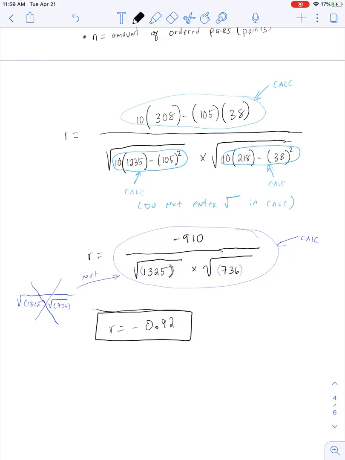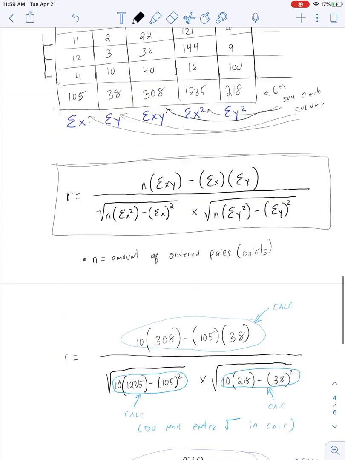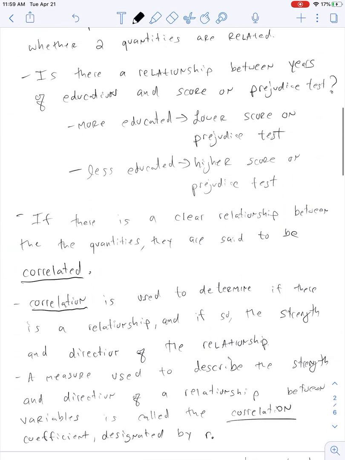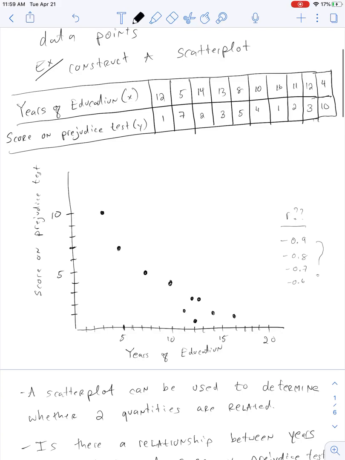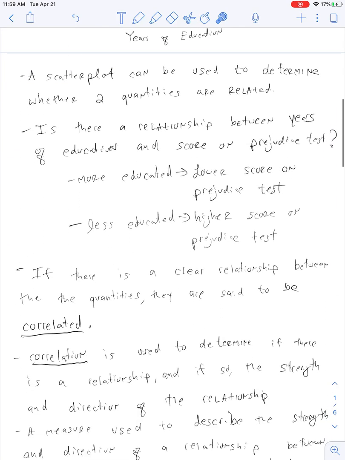All right, so these are the steps in order to find the correlation coefficient. And remember, what we are doing is working with this example, right? And the question that I had brought up is, what is our correlation coefficient? We knew it was negative because it was going downward. We see, in fact, it is really close to this negative 0.9.